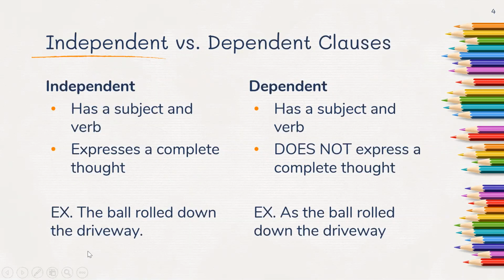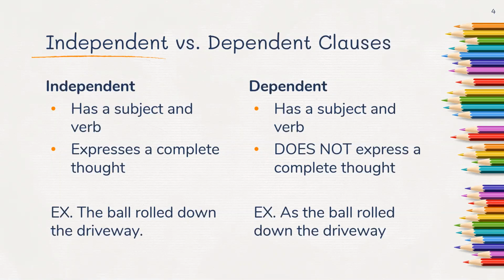So this example, the ball rolled down the driveway, that is an independent clause. It has a subject and a verb. The subject is ball, the verb is rolled, and it expresses a complete thought, right? The ball rolled down the driveway. That is a complete thought. That is a simple sentence, and it is an independent clause.